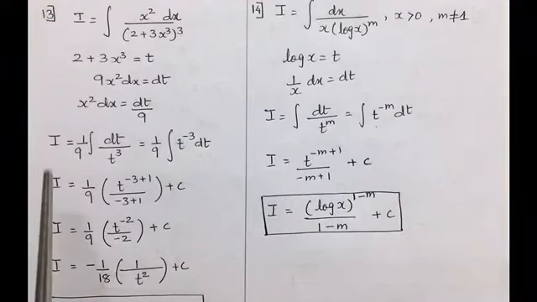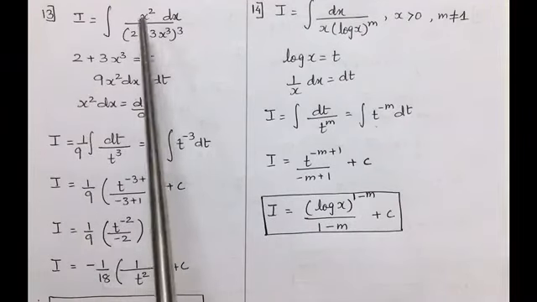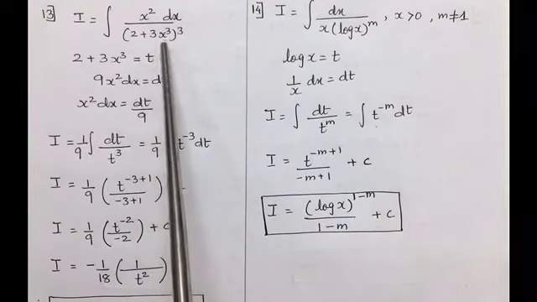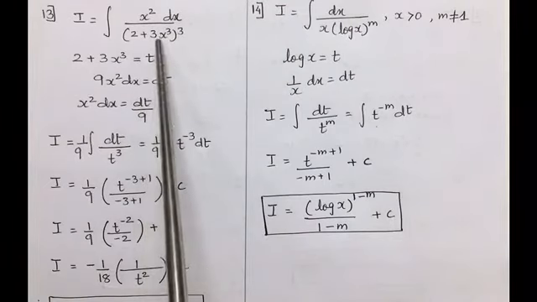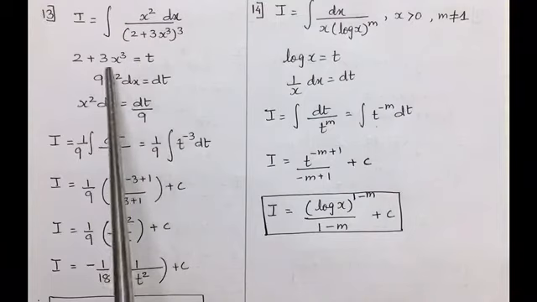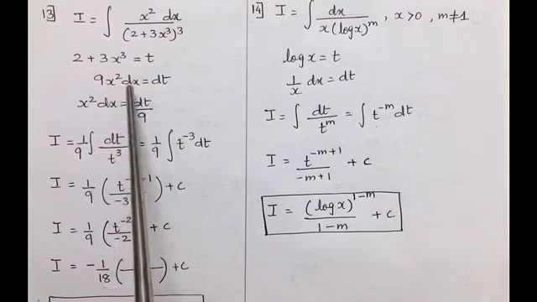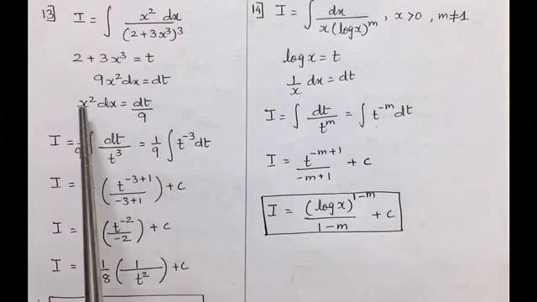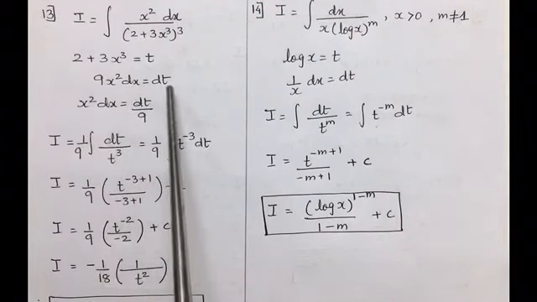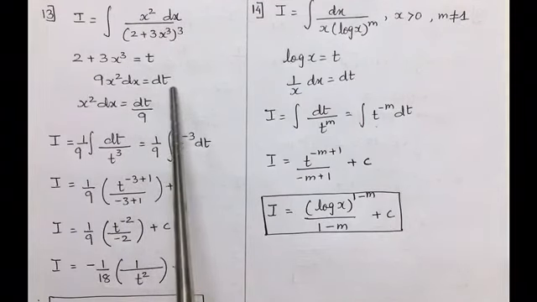13th one is integration of x square upon (2 plus 3 x cube) whole cube. So assuming 2 plus 3 x cube as t and differentiating it, we'll get 9x square dx is equal to dt. Always the constant is to be shifted towards the dt side.